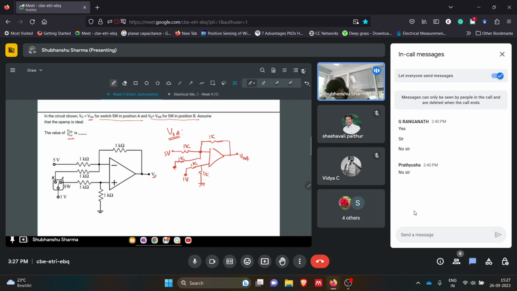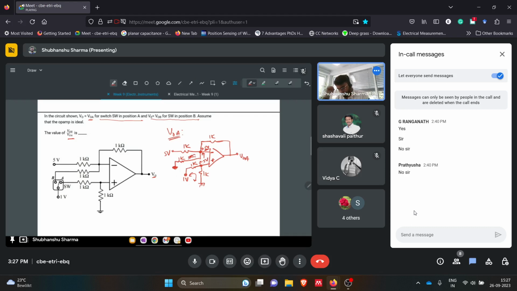Now what will be this voltage? This is a voltage divider, so this voltage will be 0.5 volts. We know this is a negative feedback system, so this 0.5 volt will come here. This is open circuit, so there will be no current flowing here. This is not ground because they haven't mentioned B is at ground or not.